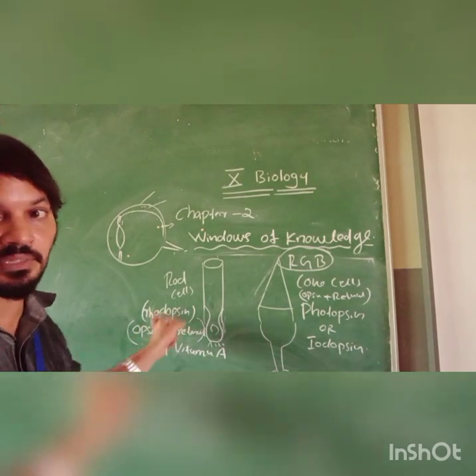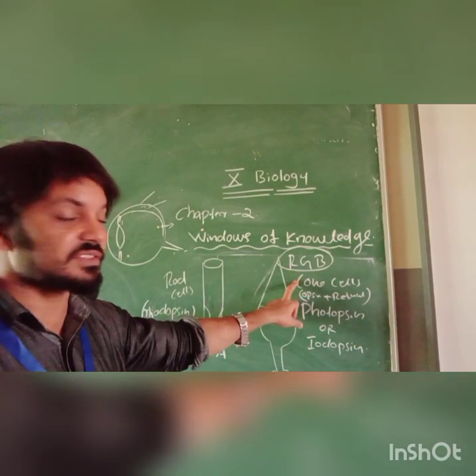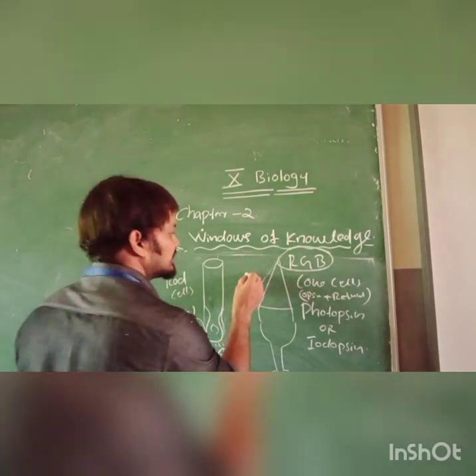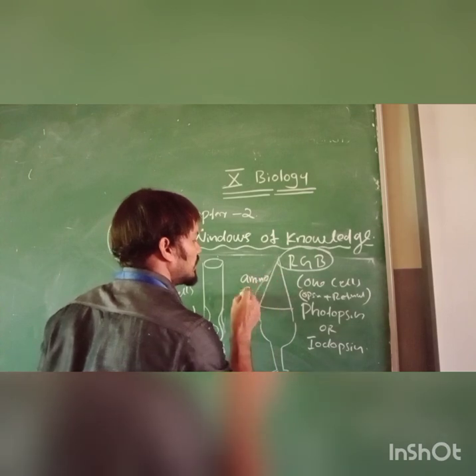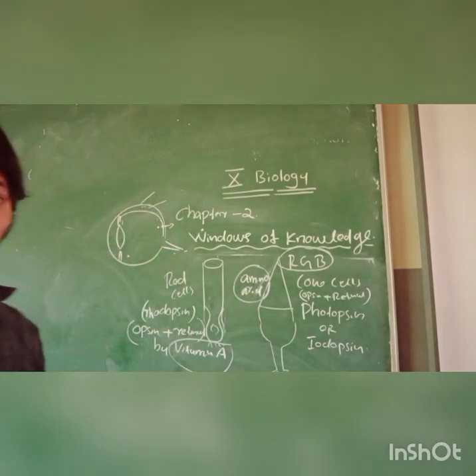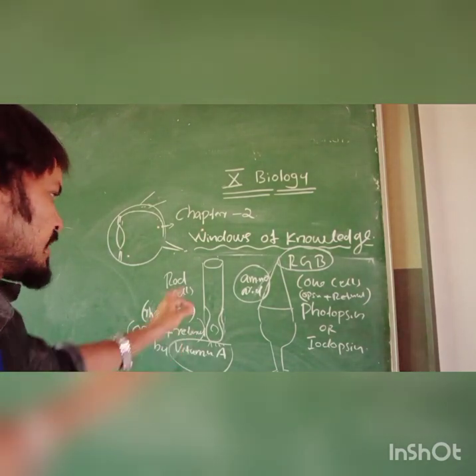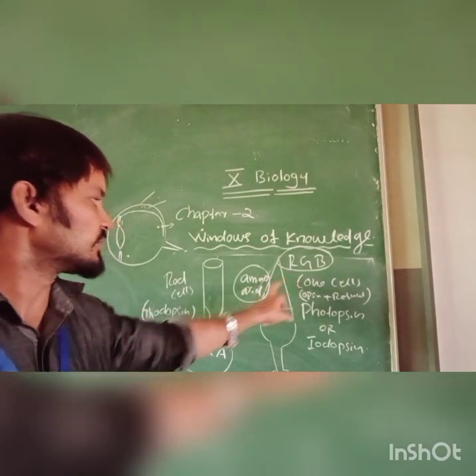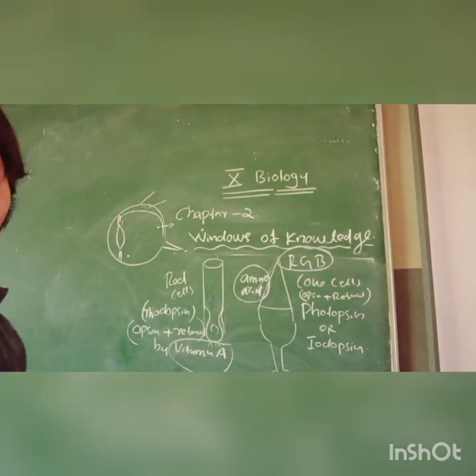rhodopsin is activated. Now the cone cell is activated by the help of amino acid. This is vitamin A, this is amino acid. One question will be asked in the examination: rod cell full column, vitamin A; cone cell full column, amino acid.